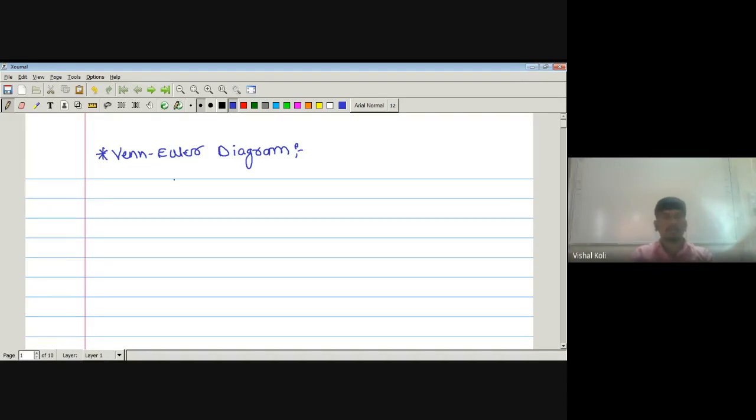We often use pictures or diagrams in mathematics to help in our thinking.